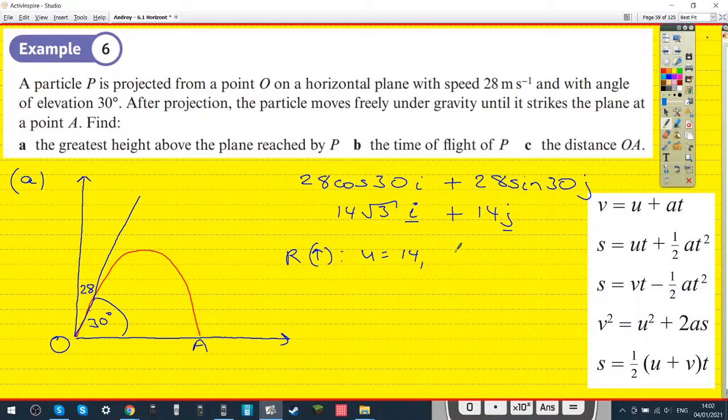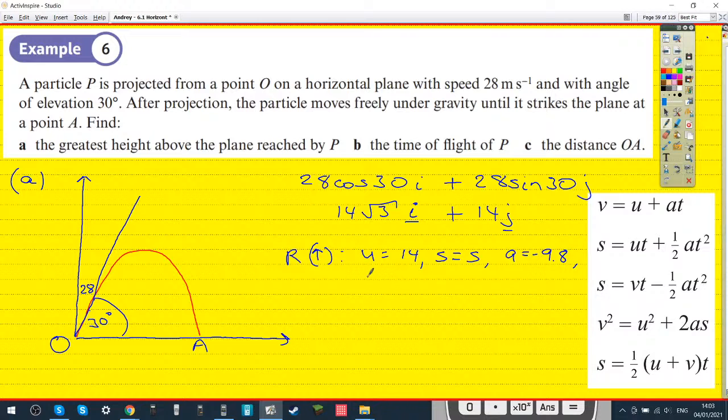So is S 14 root 3? S is what we want. The height. A, oh, is A minus 9.8? Yeah. And T is T. We need three things. We want S. Do we know what V is?